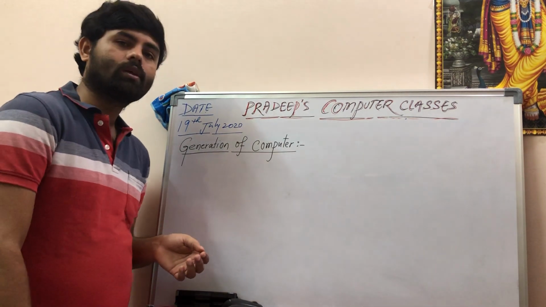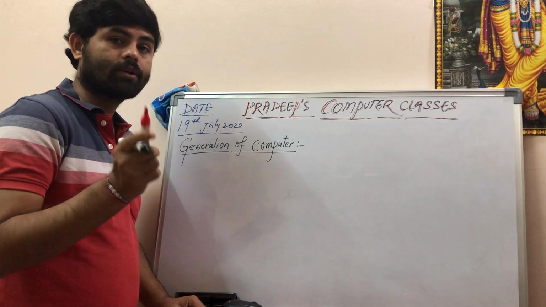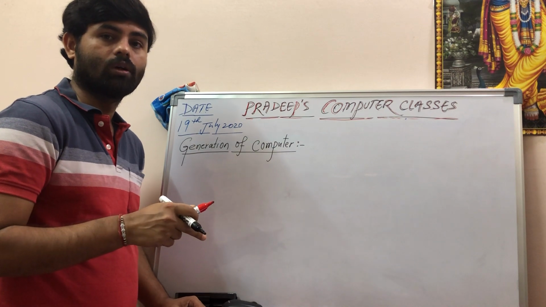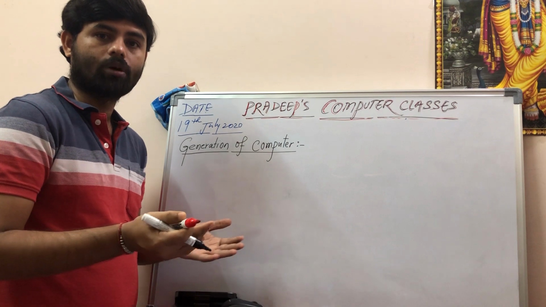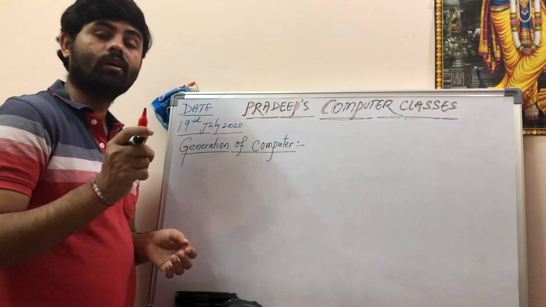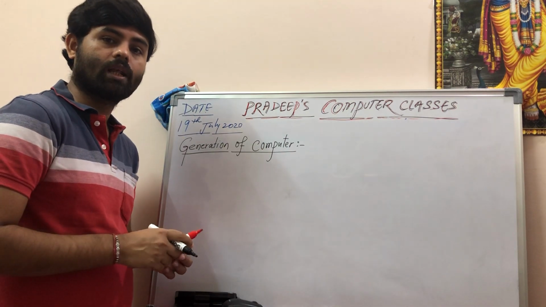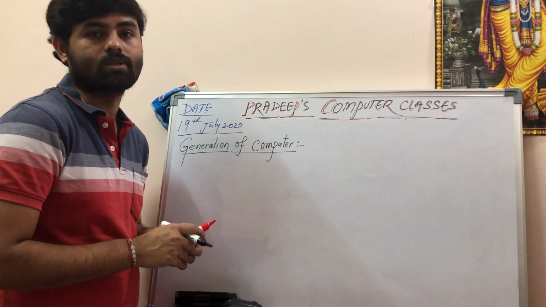When the computer first came into the world, what we are working with as of now, the laptop and desktop we have seen just now, is very different. First generation means the first time the computer was generated, and the computers now have huge differences.